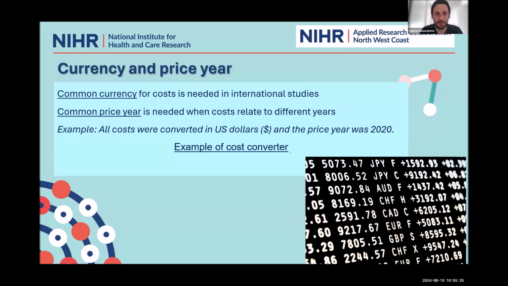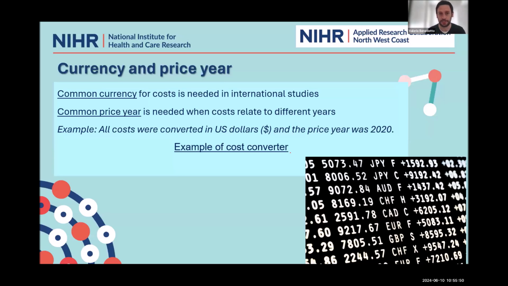Now, I'm going to move very quickly to this last slide for today. It's about the currency and the price year here. If you think about, for example, having an international study where patients are recruited in different countries, for example in the UK and in the US, you need to think about how to express the costs which are accrued in different countries.